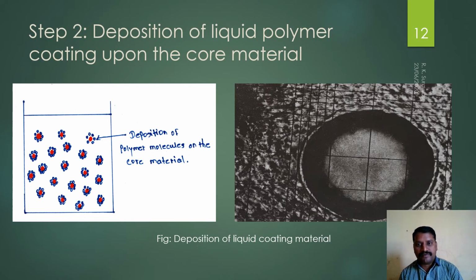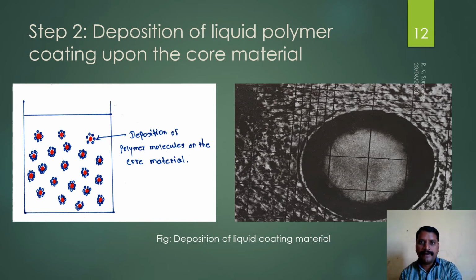N-acetyl para-aminophenol is a core material, ethyl cellulose is a coating material, and cyclohexane is a manufacturing vehicle phase. Now the deposition of ethyl cellulose around the N-acetyl para-aminophenol in cyclohexane. So this is the deposition of liquid coating material.